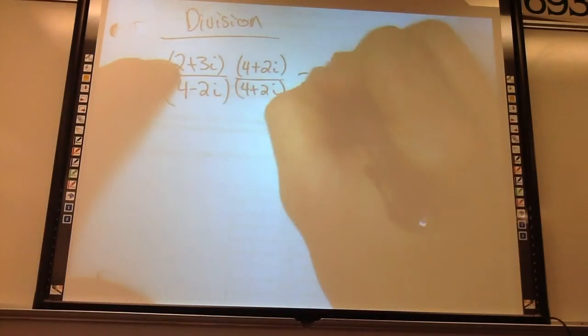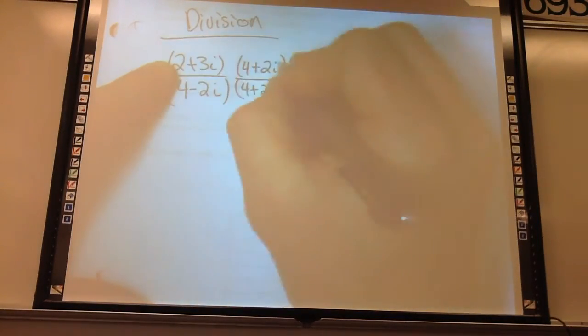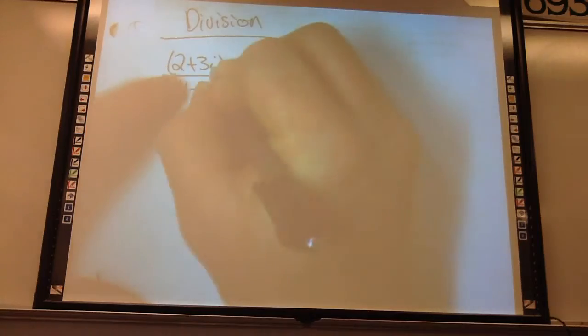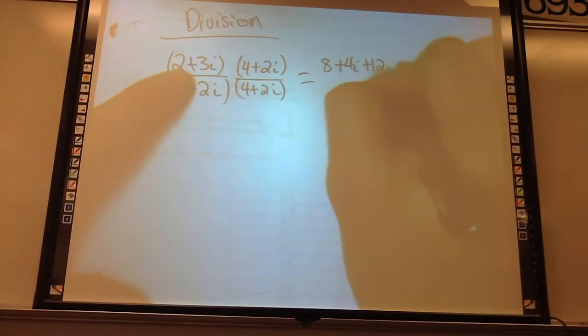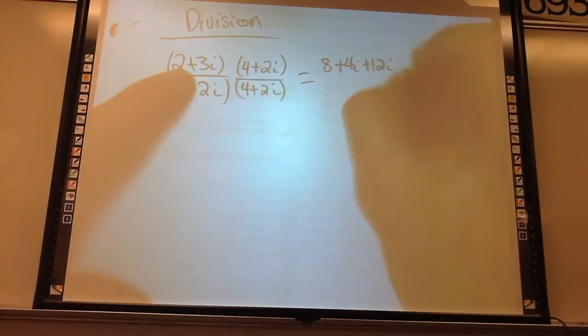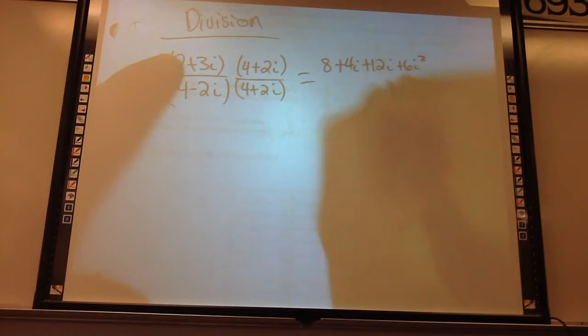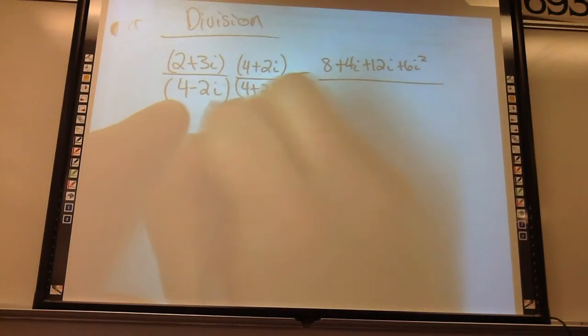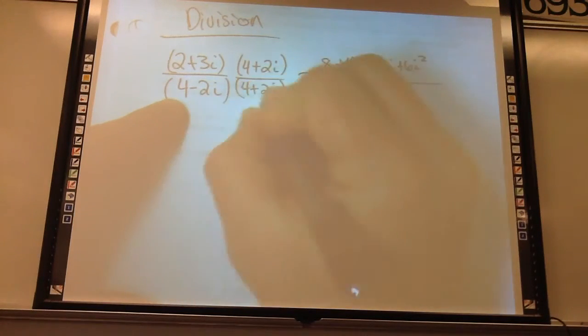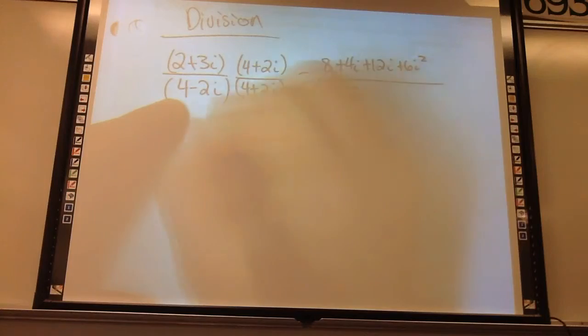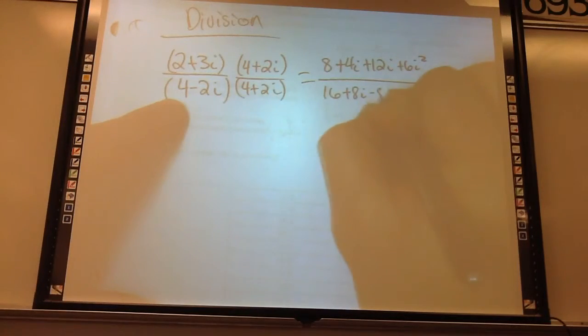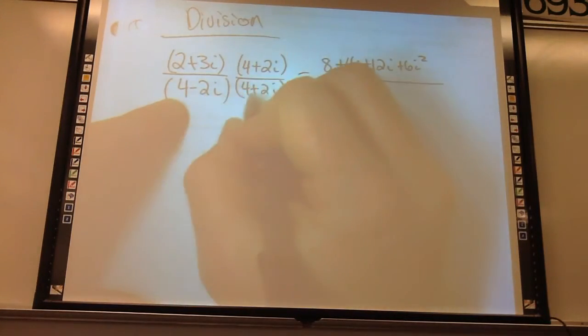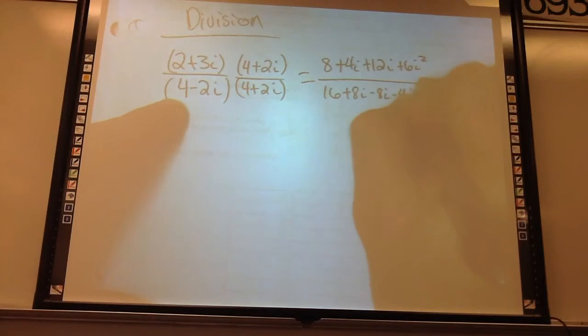So it's 8. On top, you go 8 plus 4i plus 12i plus 6i squared. Then on bottom, whenever you're multiplying conjugates, the i should go away. So 16 plus 8i minus 8i, minus 4i squared.